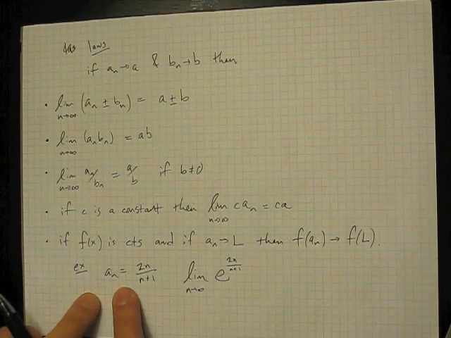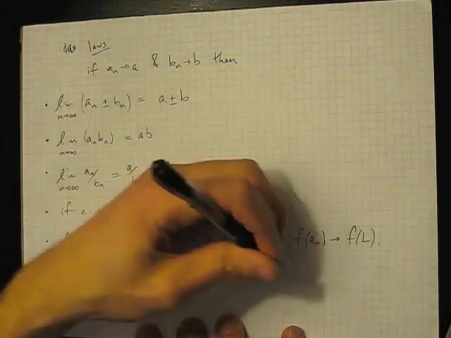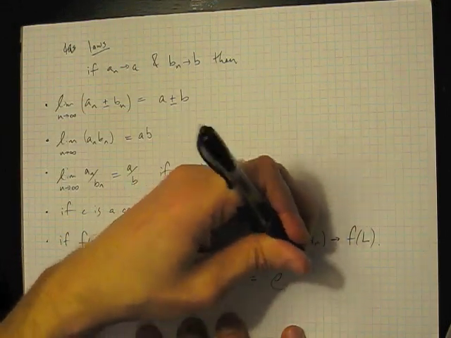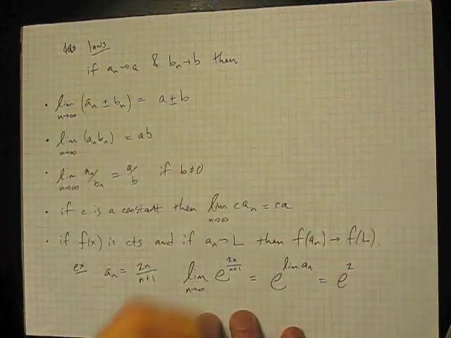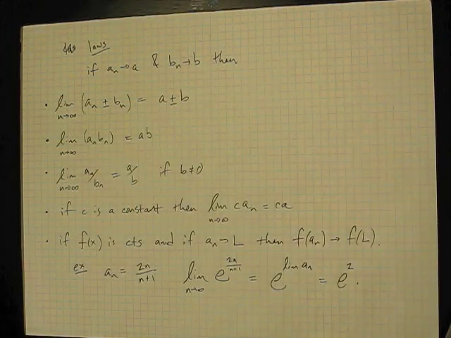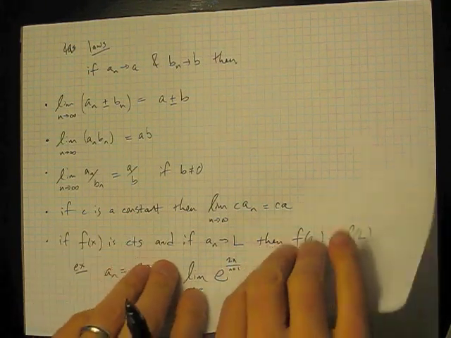So the limit of the a_n is 2, so this limit is just e to the limit of the a_n, which is e squared. Okay, so those are some laws related to sequences.